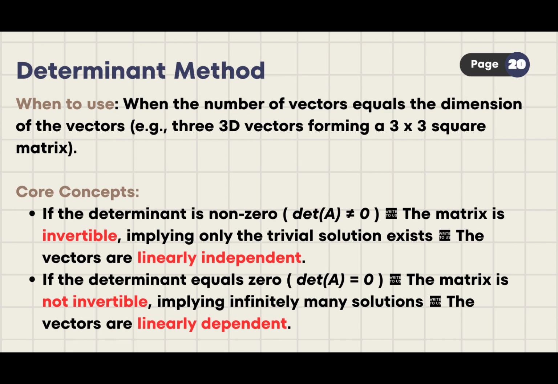If the determinant is non-zero, the matrix is invertible, implying only the trivial solution exists. The vectors are linearly independent. If the determinant equals 0, the matrix is not invertible, implying infinitely many solutions. The vectors are linearly dependent.